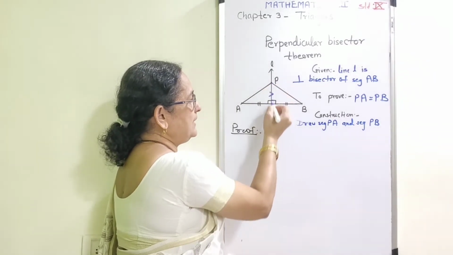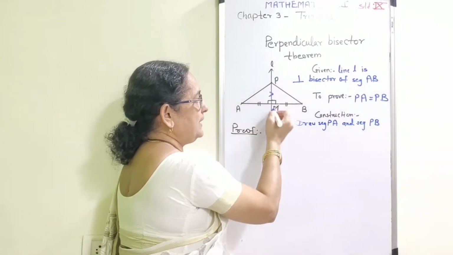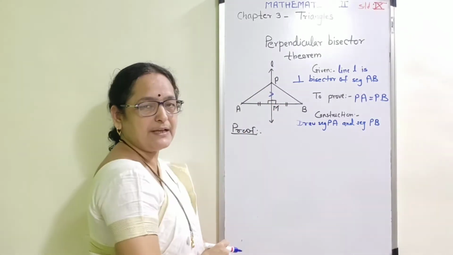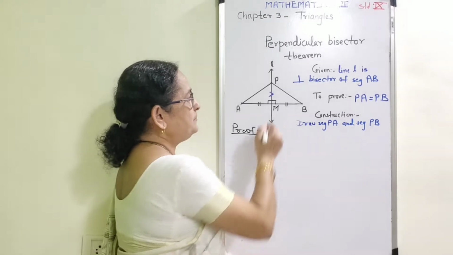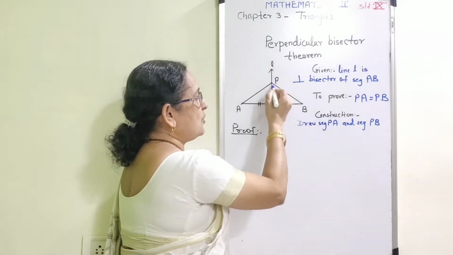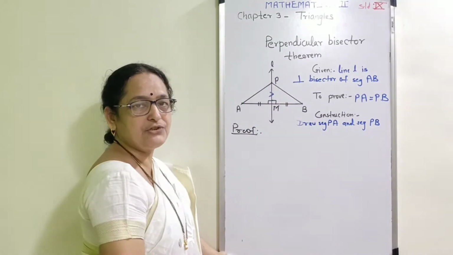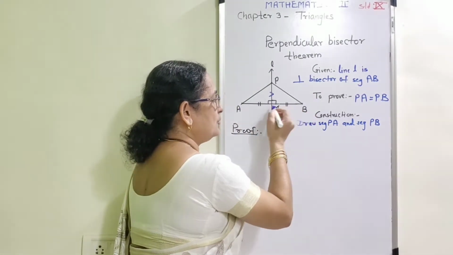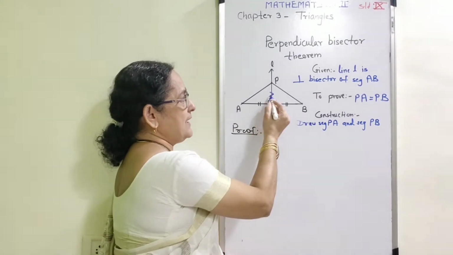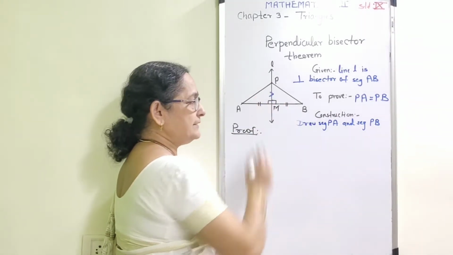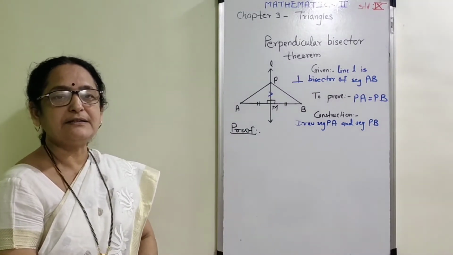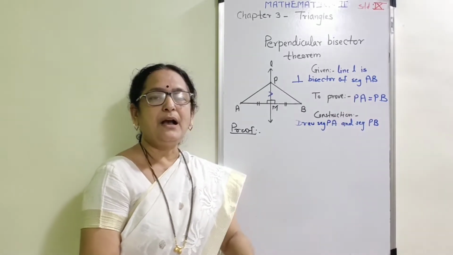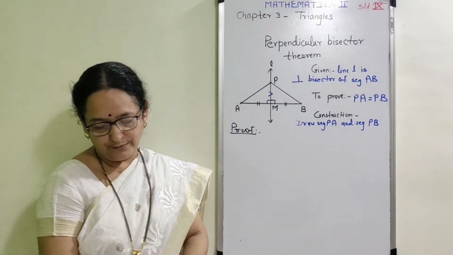Observe triangle PMA and triangle PMB. Segment PM is congruent to segment PM since it is a common side. Angle PMB is congruent to angle PMA, each 90 degrees, since it is perpendicular. Also AM is congruent to BM, and that's why by the side angle side test the given triangles are congruent to each other, and therefore PA and PB are corresponding sides of congruent triangles.